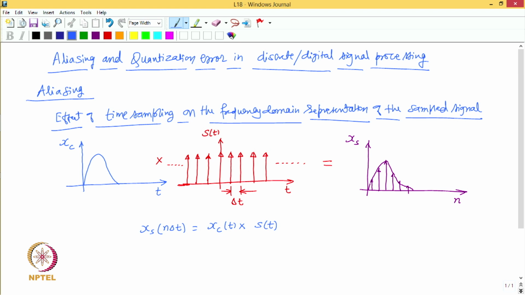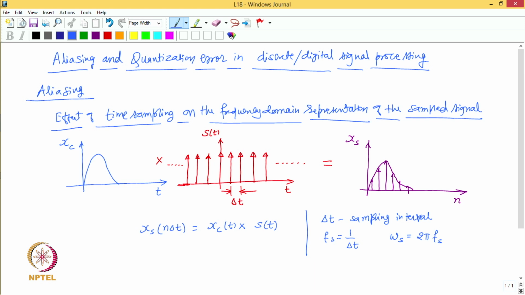Here delta t is nothing but the sampling interval, and that basically is related to the sampling frequency by the relationship fs equals 1 by delta t, and the sampling frequency in radians per second will be nothing but 2 pi fs.